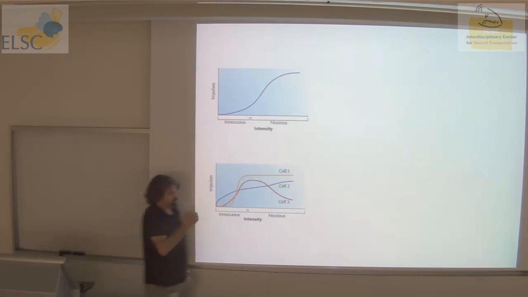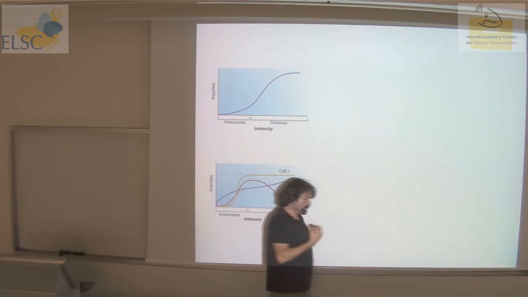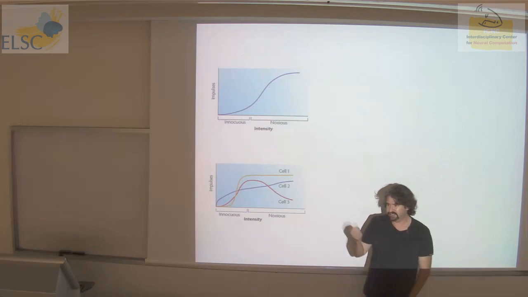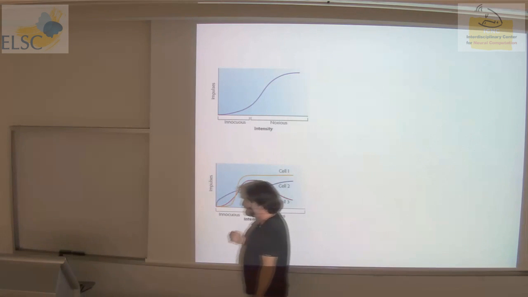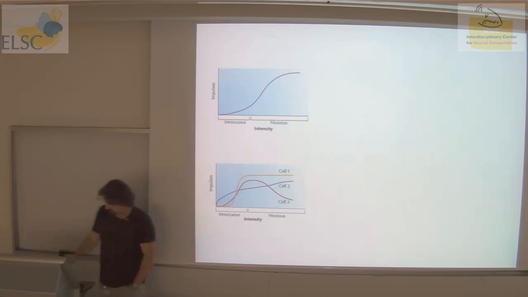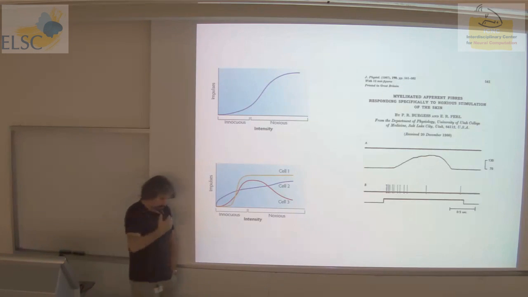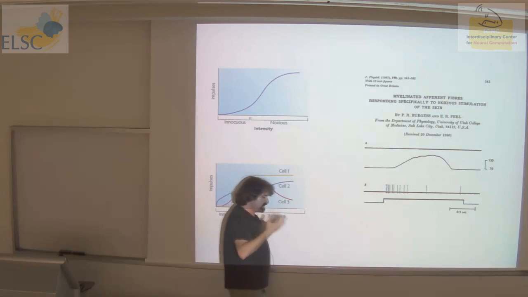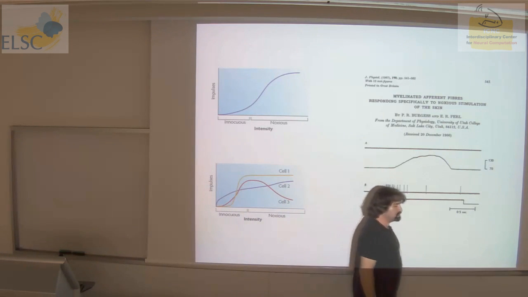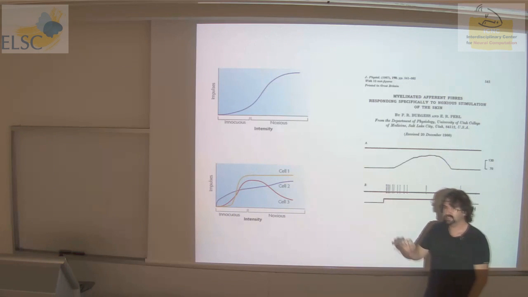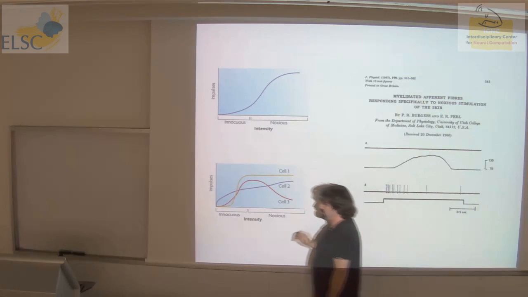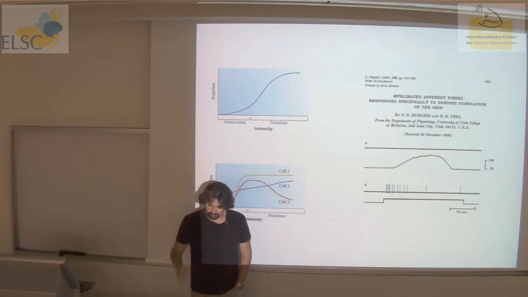But the final proof, I think, from my point of view, for the system that I'm working on, that we indeed have this specific labeled line for pain was published not very long ago, about 60 years ago, by Ed Perl, who finally recorded from a peripheral neuron that responded only to painful stimuli.